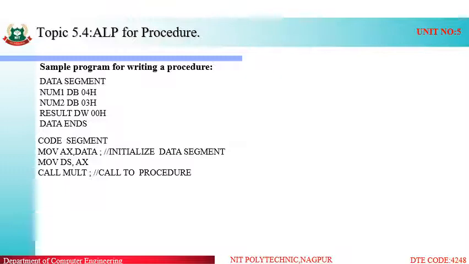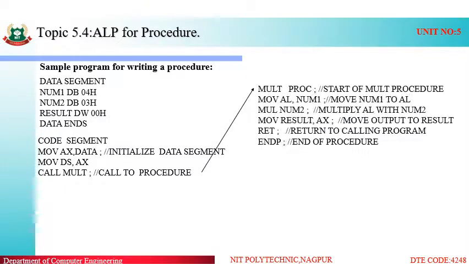This is our main program, so it will transfer control to the subprogram. Subprogram means our procedure, which is written outside the main program. So this is our procedure, the procedure name is mult followed by PROC. So this is the start of the mult procedure.